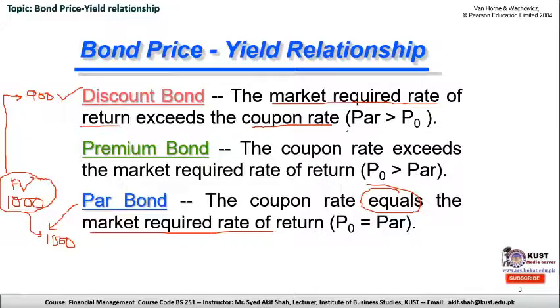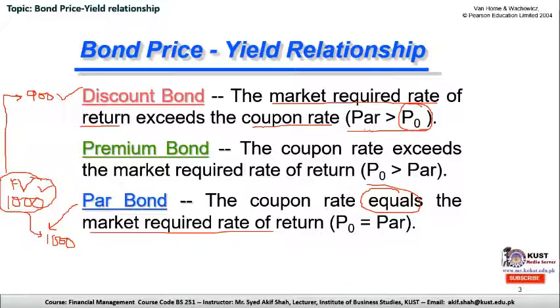Here in brackets we can see that the par value of such a bond, which is normally $1,000 in the United States, will be greater than the market price of this bond. This P0 is the current prevailing market price of this bond.